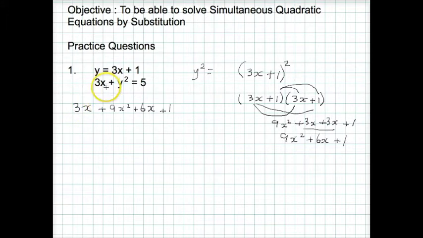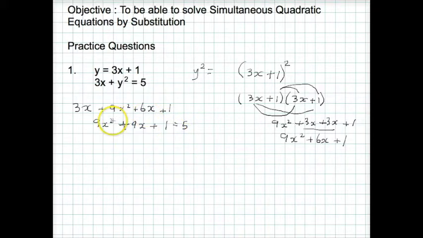We can obviously group together these terms, so we've got 9x squared plus 6x plus 1, plus 9x plus 1, and that is equal to 5.